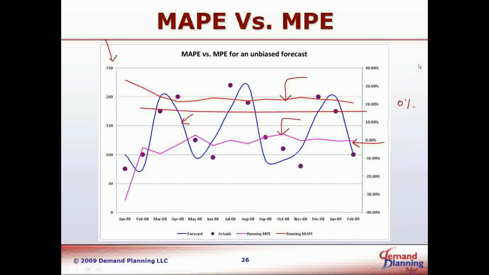MPE may be above for some periods and below for some periods, and it means it's not a biased forecast. But on the other hand, if your MPE is somewhere here, which means your MPE is always like 15% every month, then you have a biased forecast.